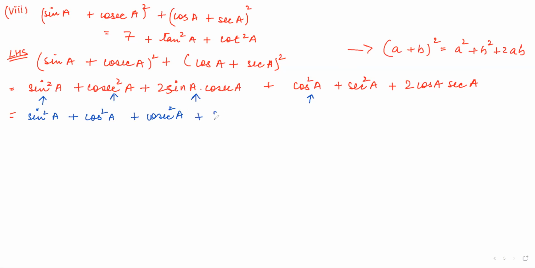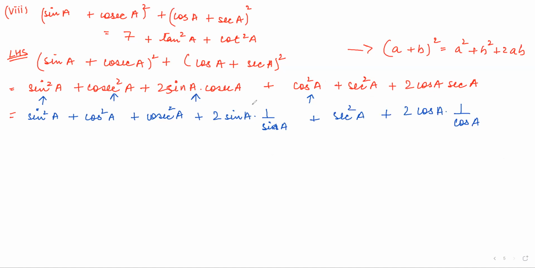I'm writing it like this: 2 sin A, and then cosec will become 1 upon sin A, correct? Now this cos square is already written. So plus, then I have this sec square A and plus 2 cos A, and this sec A will become 1 upon cos A, right?